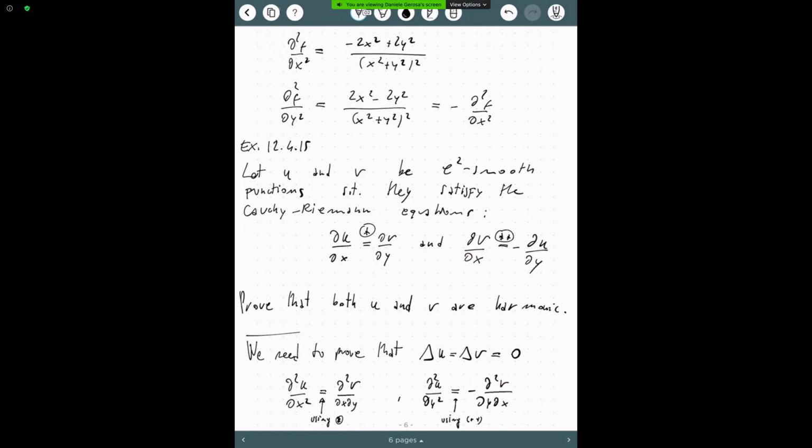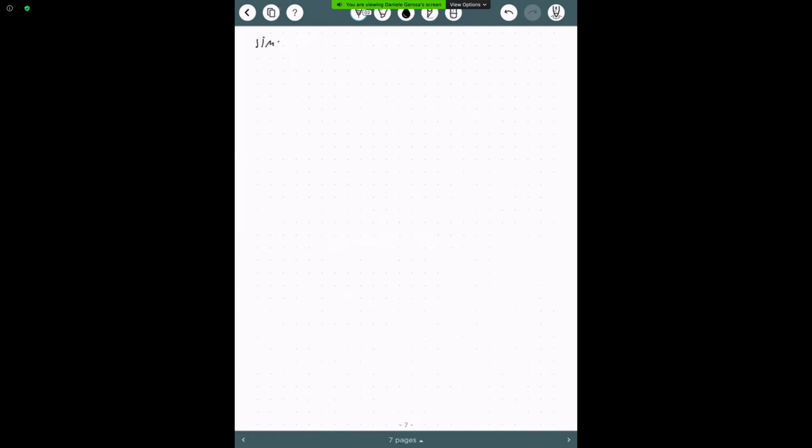Now we started with the hypothesis that both functions u and v are C2 smooth. So by the theorem that you mentioned before, Schwarz's theorem, we get that the mixed partial derivatives of the second order are the same. Since v is C2 smooth, this is equal to this, right?